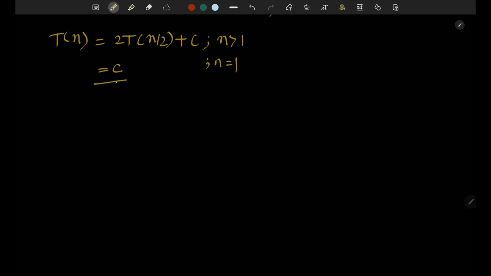So this is my base case. In the previous section we saw that we could use the back substitution method, but in this one we will see the recursion tree method.